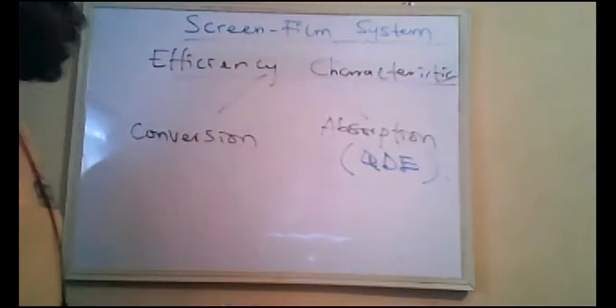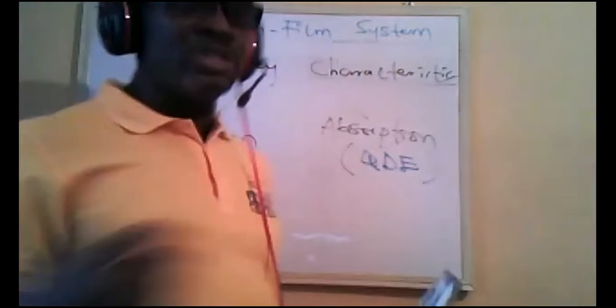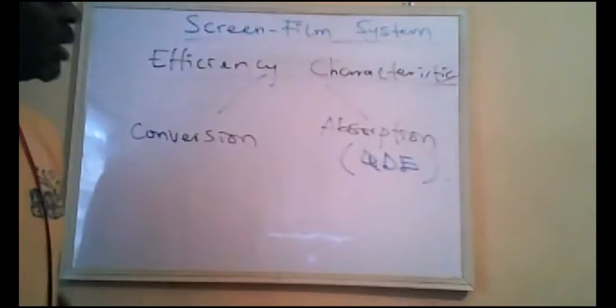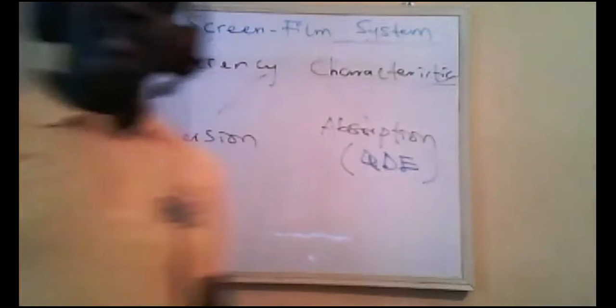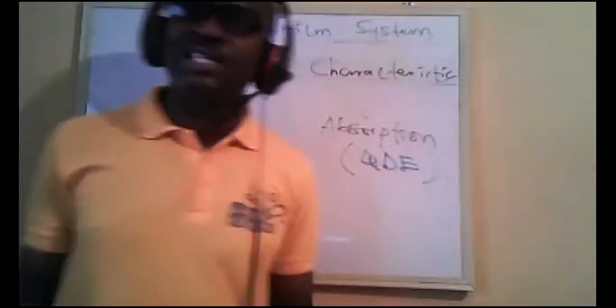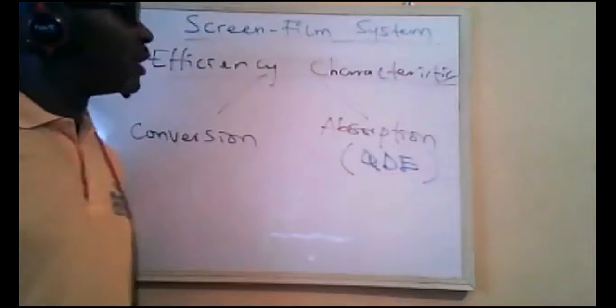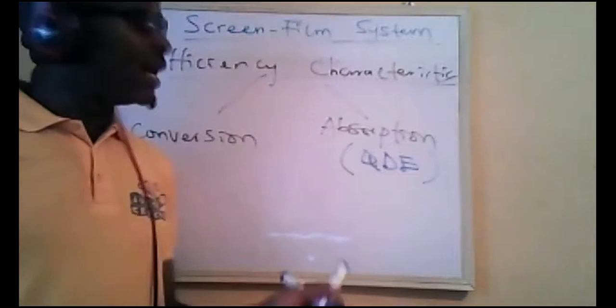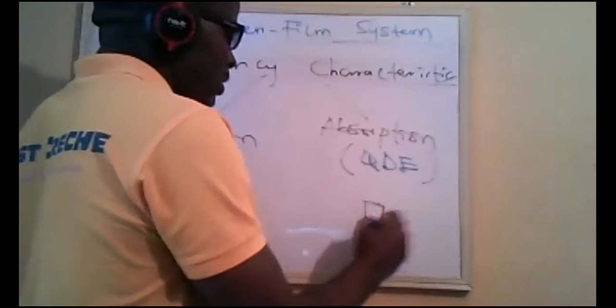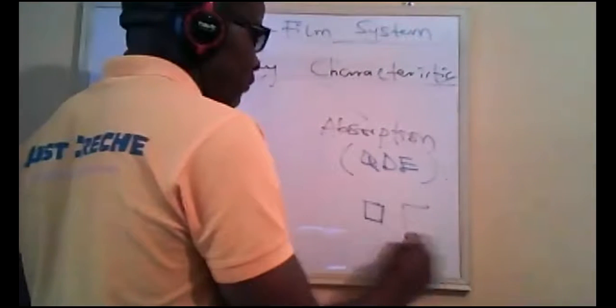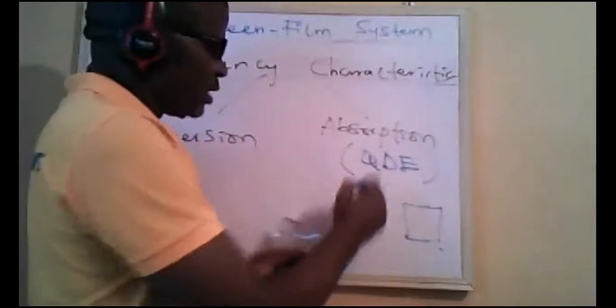And there are some factors that actually determine this QDE. The thicker the screen, the better the QDE. If you have a thicker screen, you're going to have a much higher absorption efficiency, because if you have a small screen, the amount of X-ray falling on it will not be the same as on a thicker screen.